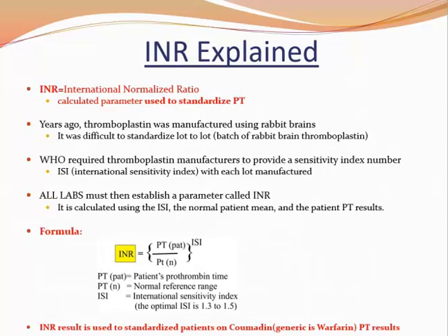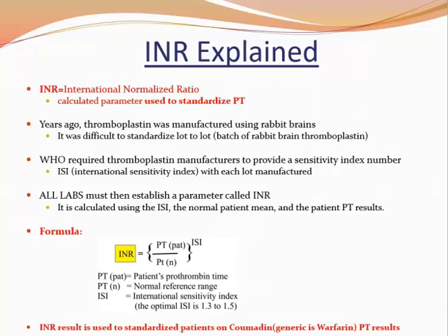So let's explain exactly where we get that INR result a little bit better. INR is the International Normalized Ratio, and this is a calculated number used in a standardized PT result. Years and years ago, the thromboplastin used to be manufactured out of rabbit brains, and it was very difficult to get it the same from lot to lot.